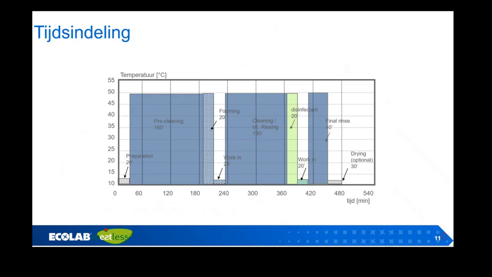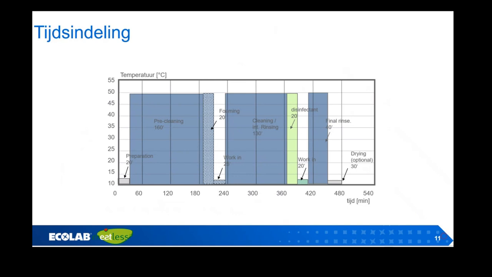Then we have a timetable over here. It's just a general timetable, so it's not the same for every process, but just to let you see that the pre-rinse and the intermediate rinse are the longest steps in cleaning, and also the most important steps, because I think 80% of your cleaning is with water.